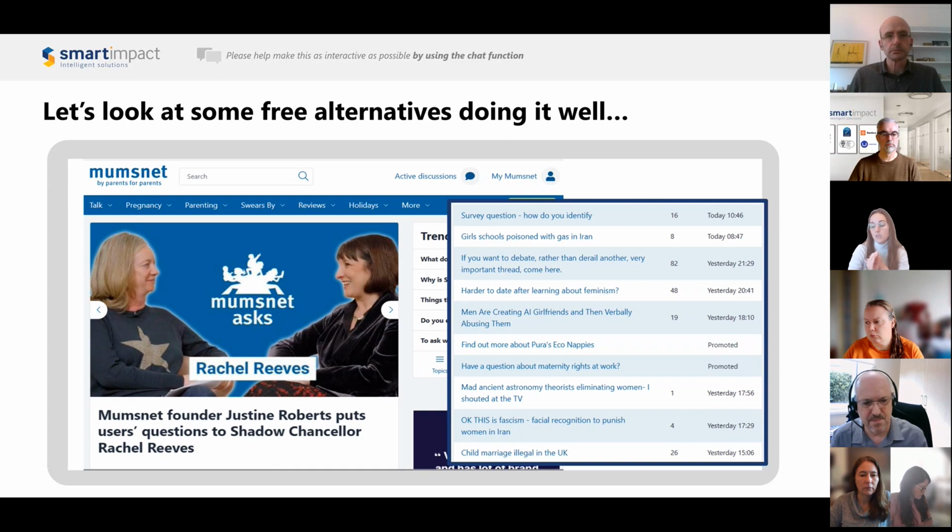And it has 8 million unique users per month and 20,000 forum posts per day. So we can see that this is a huge amount of engagement, and this is engagement that's free to be driven to your website also.